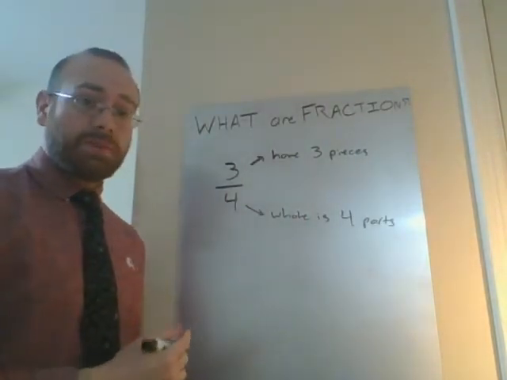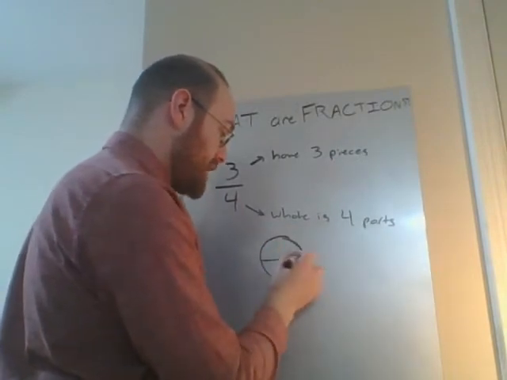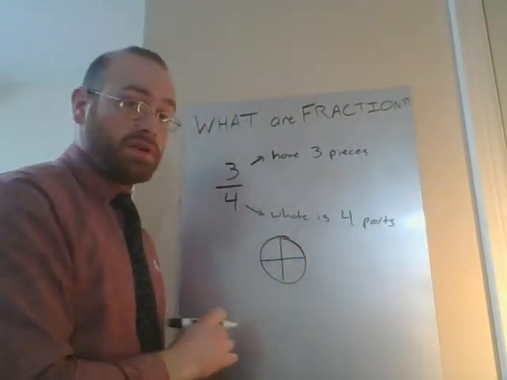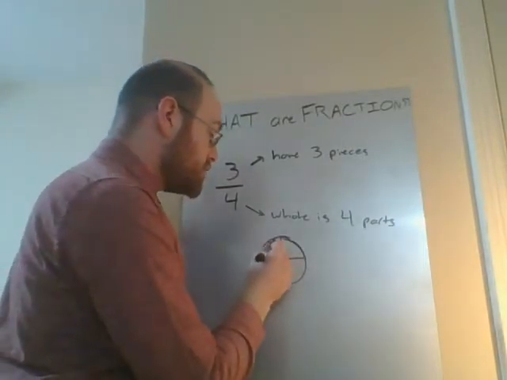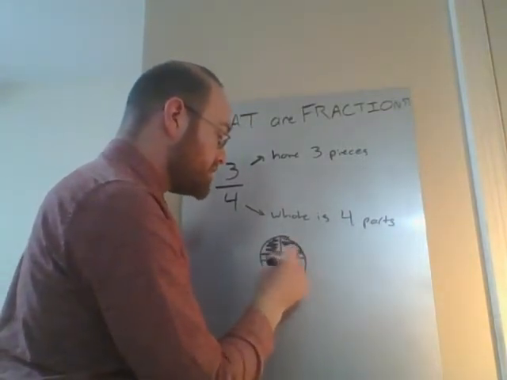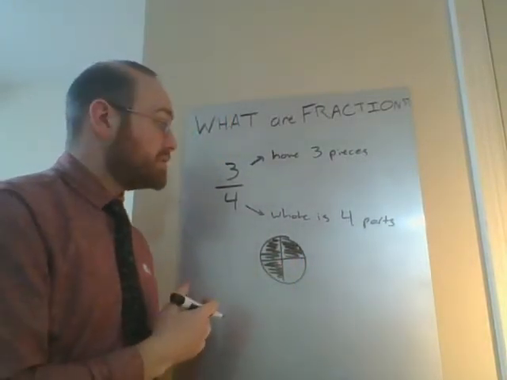We can draw this as a picture. We could draw a circle and divide it into 4 parts. That's our whole. And then it says we have 3 of them, so we'll shade in 3 parts of this circle. And that represents 3/4.